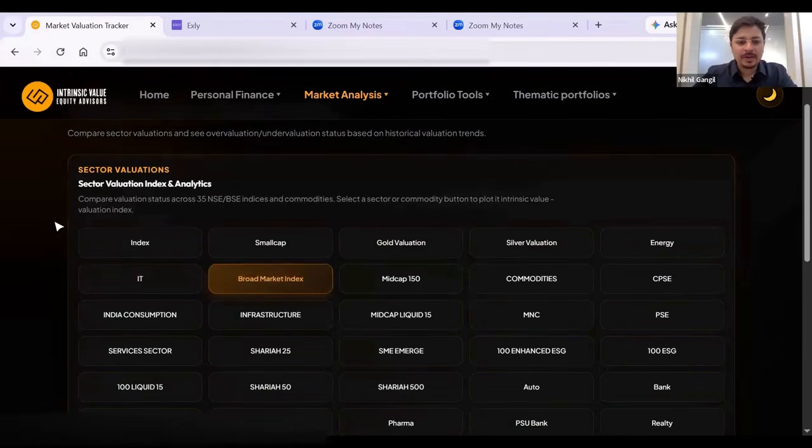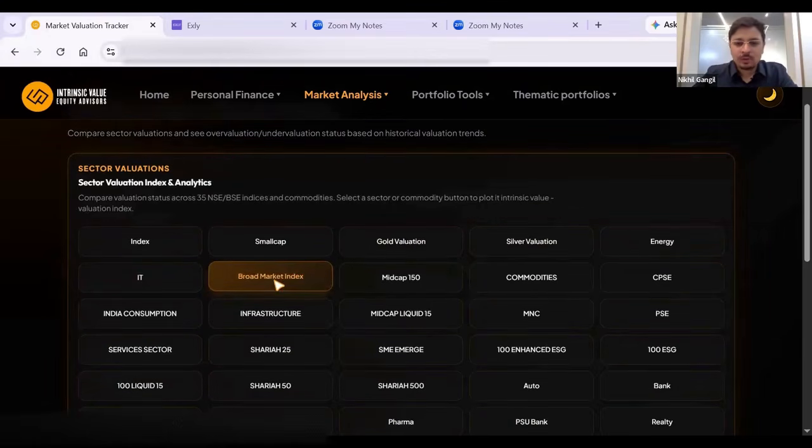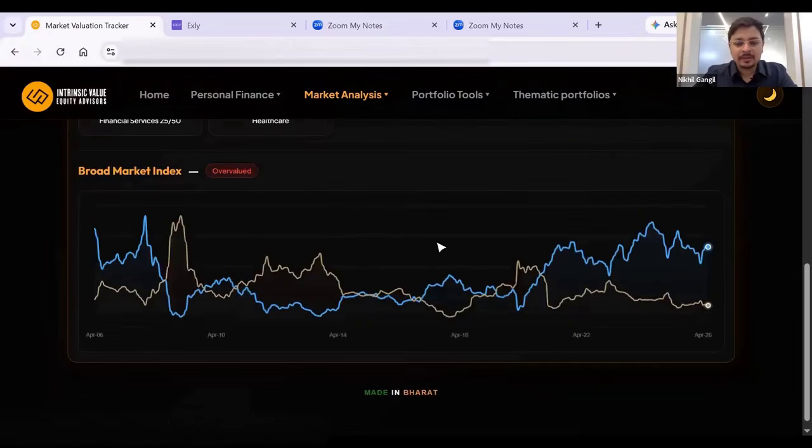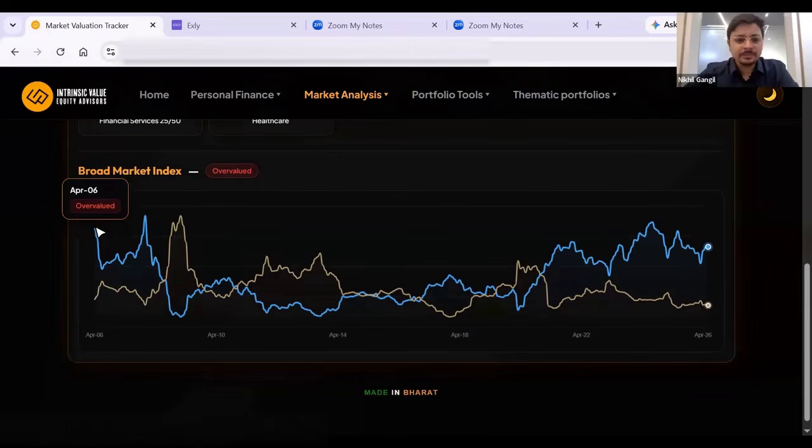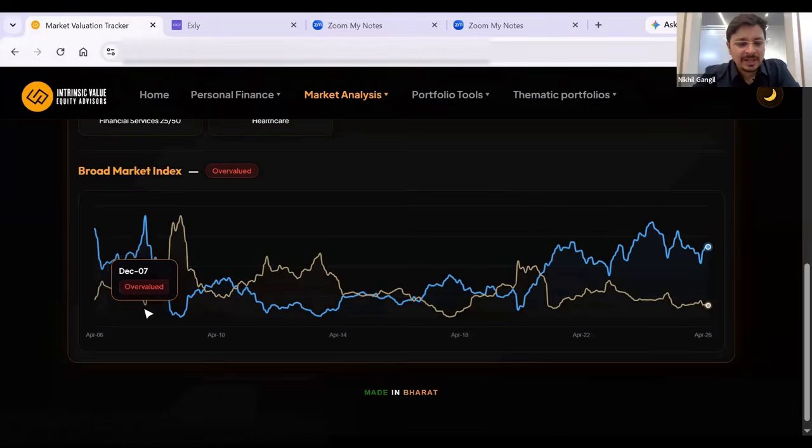So this is the broad market index. When I've clicked here, all you have to do is click here and the chart will become visible to you. Now, this chart is from 2006. I'll explain how to look at this broad market index or any index. This is a blue line and this is a brownish line.